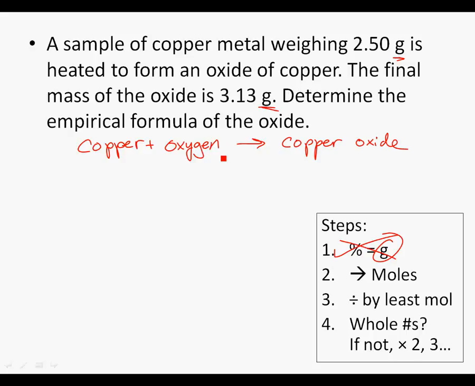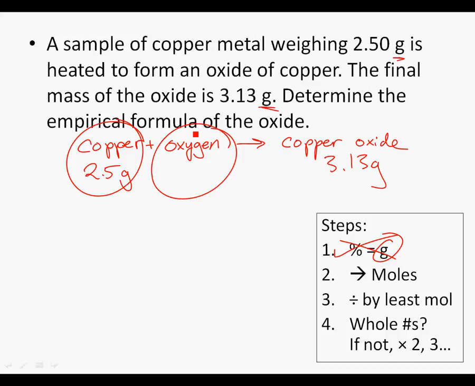So if the copper oxide is 3.13 grams and the copper is 2.5 grams. Well, we know the mass of copper, we know the mass of this element. What's the mass of oxygen? Well, it's whatever adds up to 3.13. So if you do the math, you get 0.63 grams has to be the mass of the oxygen. All right, if you wanted to, you could take these two numbers and figure out their percentages. That's actually not necessary.